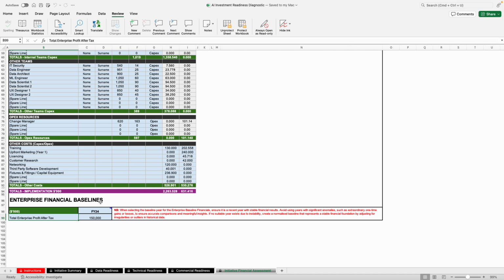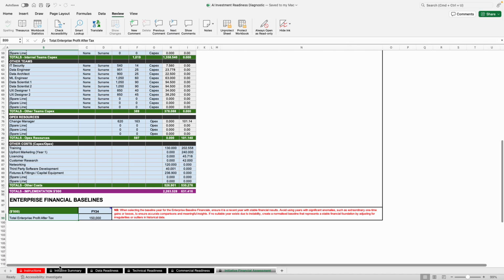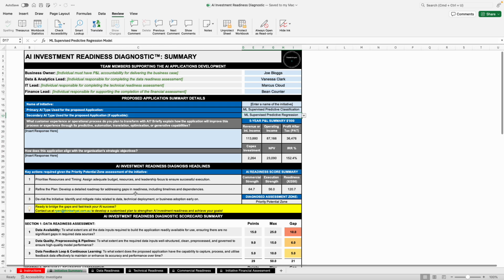So with all these critical inputs complete across data readiness, technical readiness, commercial readiness, and the overall financial assessment, let's now have a look at our initiative summary sheet and understand the results.